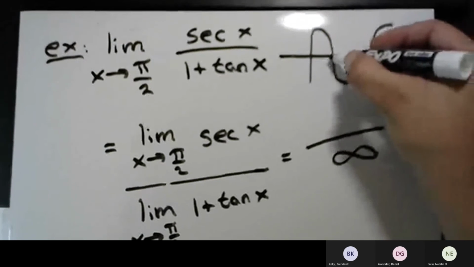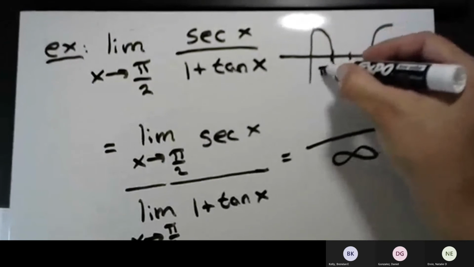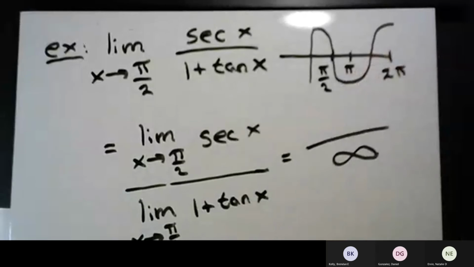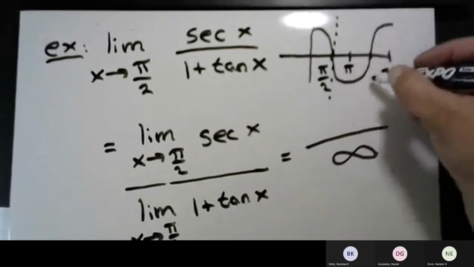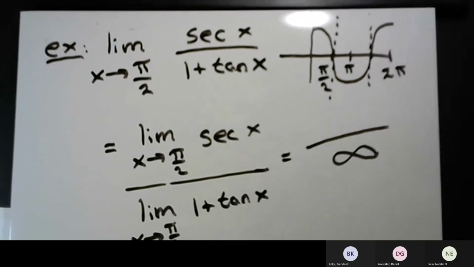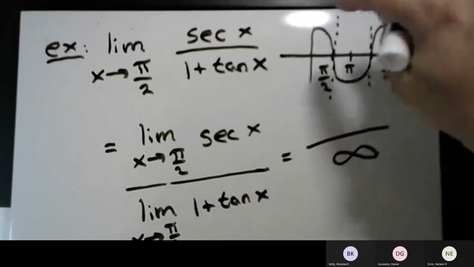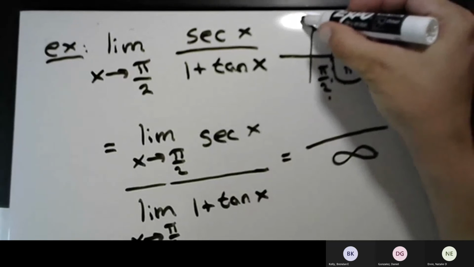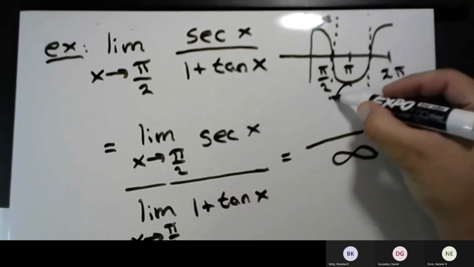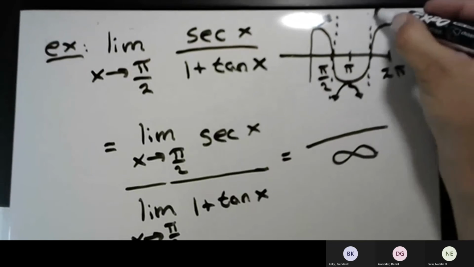There's pi. And there's pi over 2. And where the cosine function crosses the x-axis, that's going to give us a vertical asymptote. And so we get something like this for our secant function.